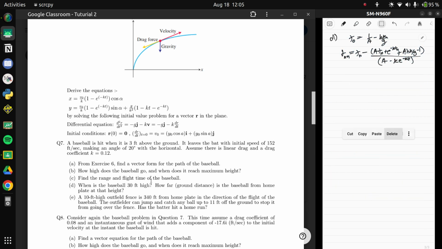Okay, let's go to E. So E is a 10 feet high outfield fence some distance from the home plate in the direction of flight of the baseball. Sure.